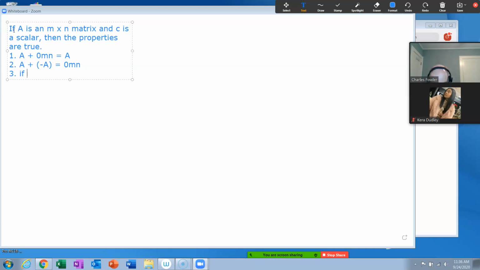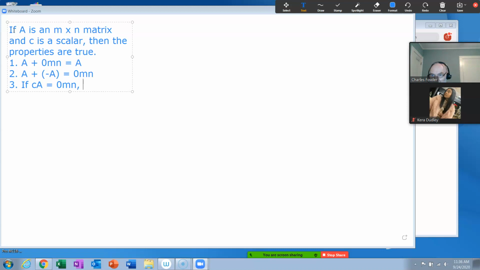Okay. 3, if that scalar C multiplied by our m by n matrix A happens to equal the zero matrix, and again I can't bold it or anything, but that would be the m by n matrix, and m and n should be subscripted there, then one of these two things has to be true.